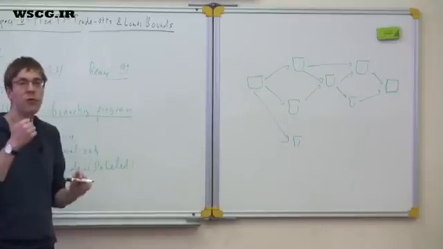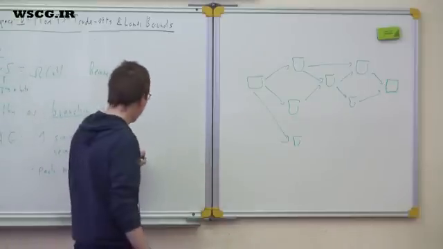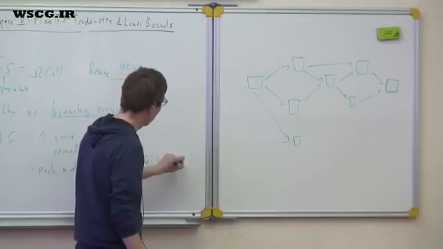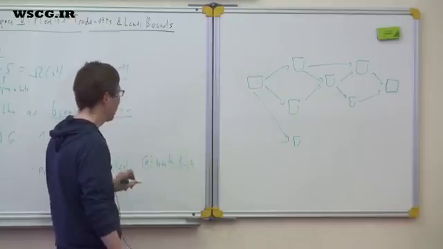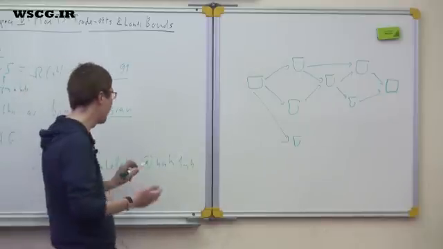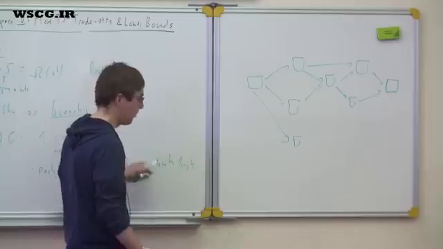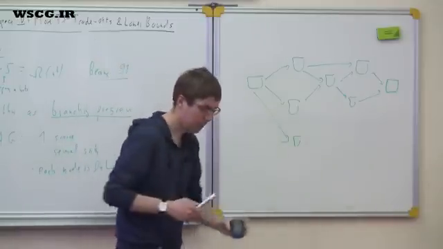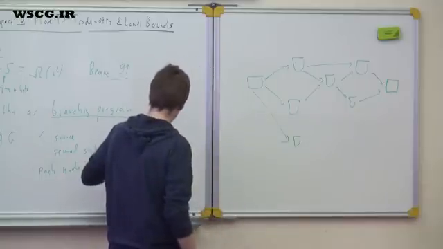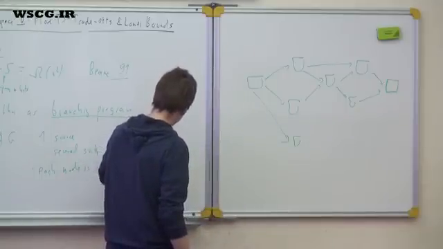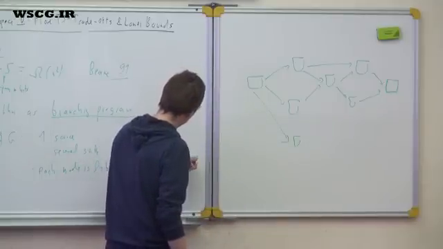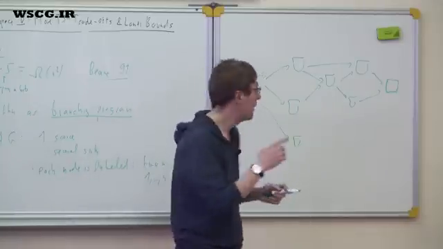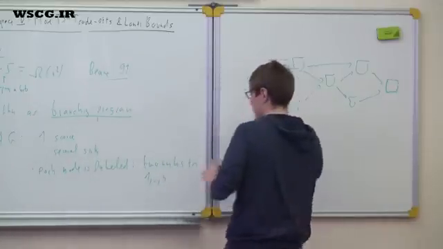And it's labeled with two things. It's labeled with a number from 1 to n, or let's say with two numbers from 1 to n. And the edges are also labeled.